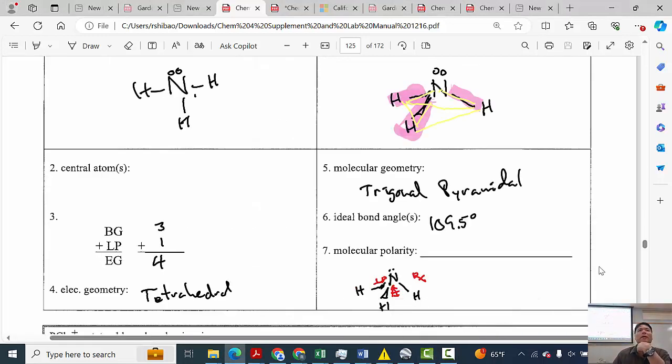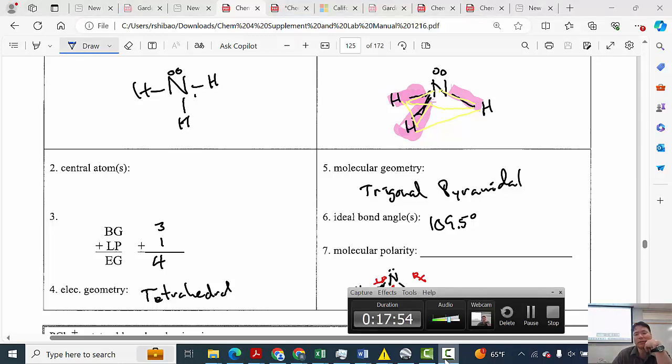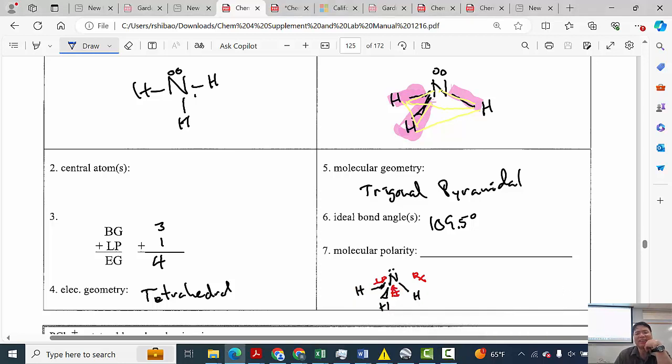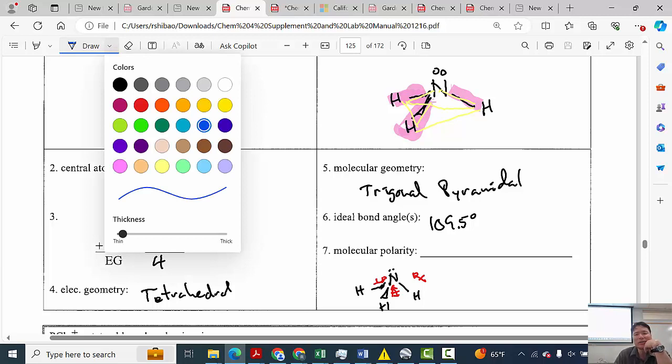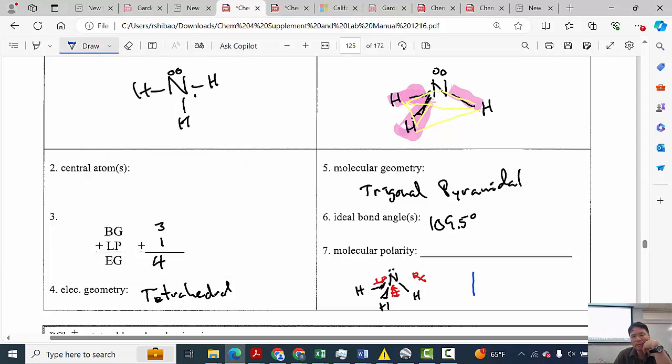You get it? Do the bond dipoles cancel or don't they cancel? They don't cancel. And so the molecular dipole is going to point straight up. So if these 3 are pushing it up, then the molecular dipole is the sum of those 3, and it's going to look like this.